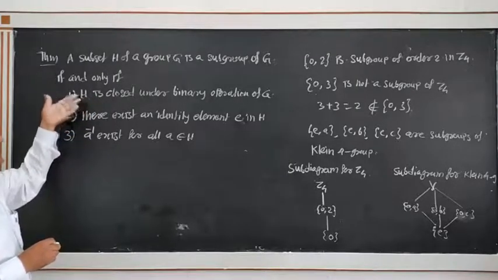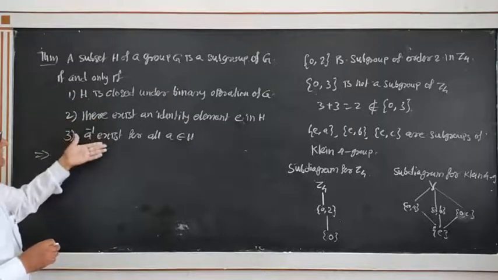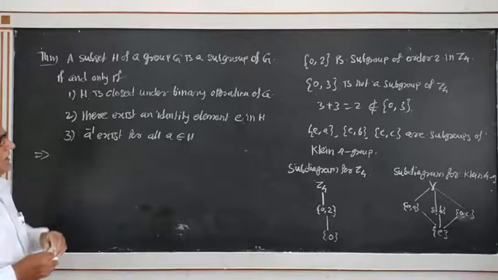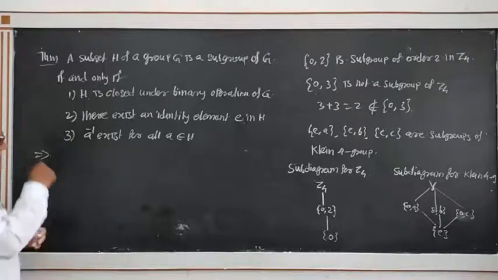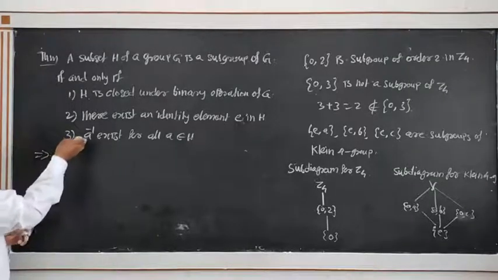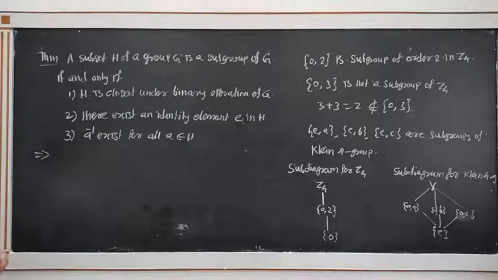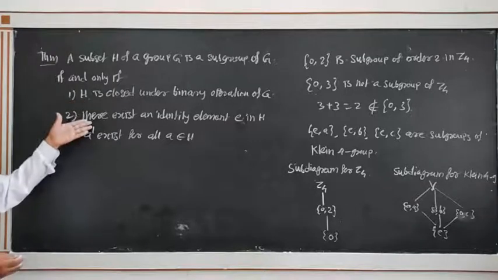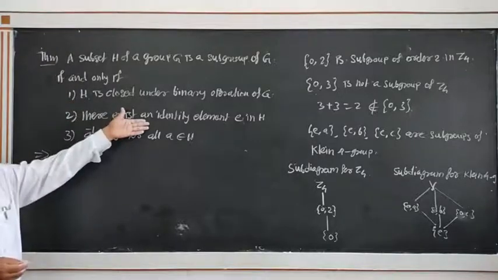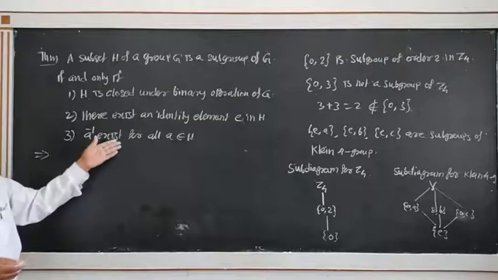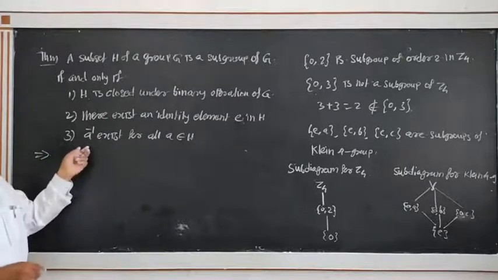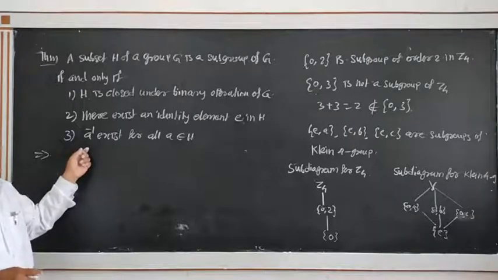So H is closed under the binary operation, the identity exists, and A inverse exists for all A belongs to H. Conversely, if these properties are satisfied, H is closed, there exists an identity element E in H, and A inverse exists, only the associative law remains to be shown.